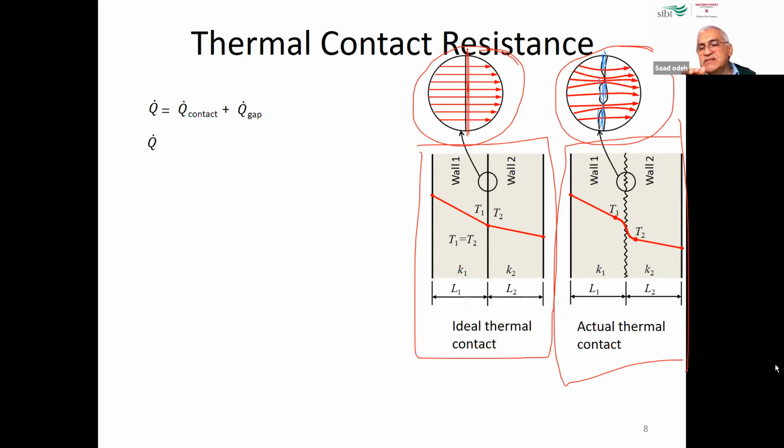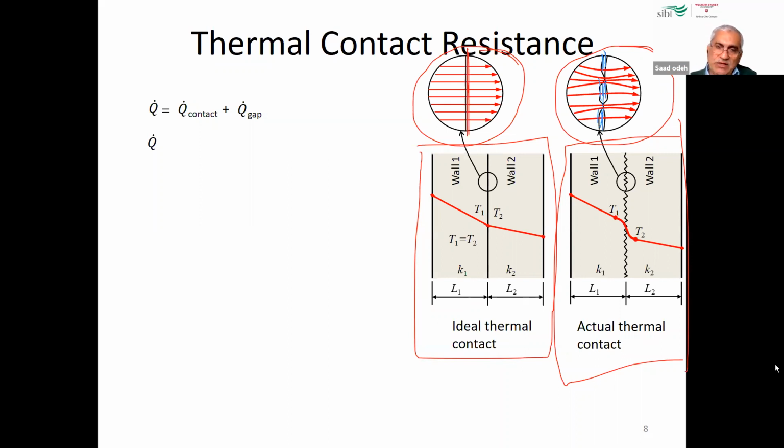So we have different heat transfer here. We will not take this case in our current study, but I just want to give you an idea. If you have an actual case and they ask you to find the thermal resistance of these contacts, this is how we find it.